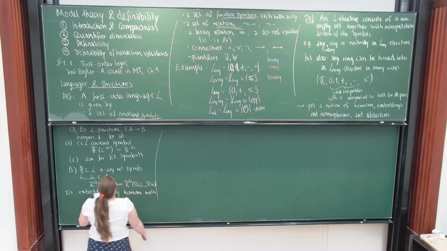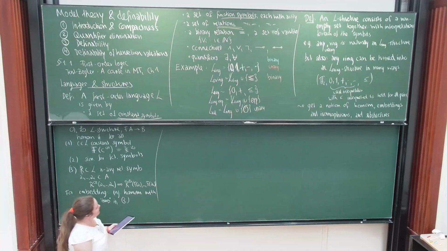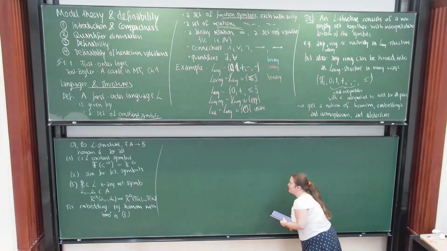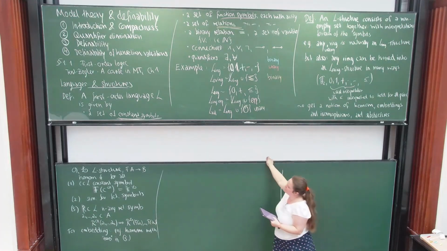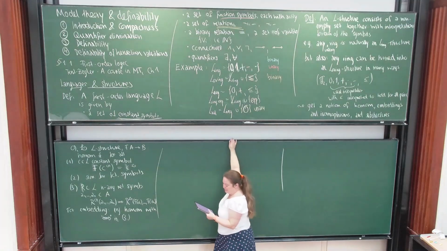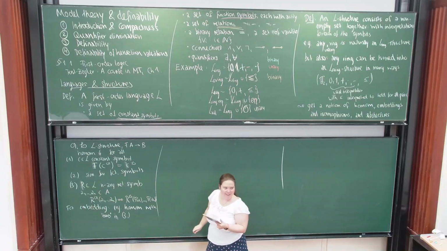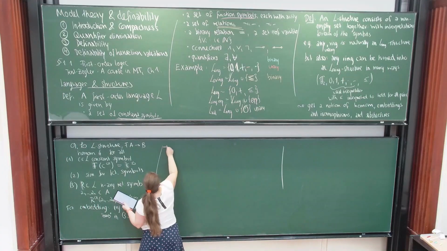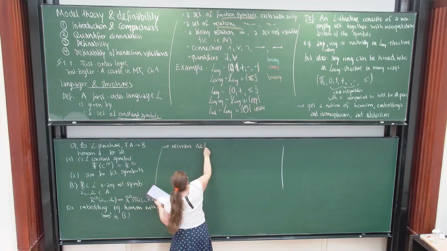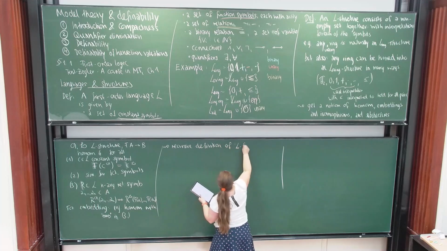Okay, so now we have a concept of structures, and the next step is to give a recursive definition of formulae. Now this is really horrid, so let me try to define it by example, and if you want more details you need to read, I'm afraid. So a recursive definition of L formula.